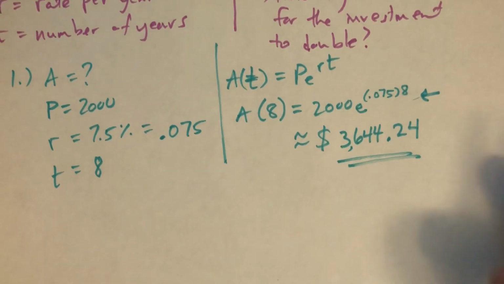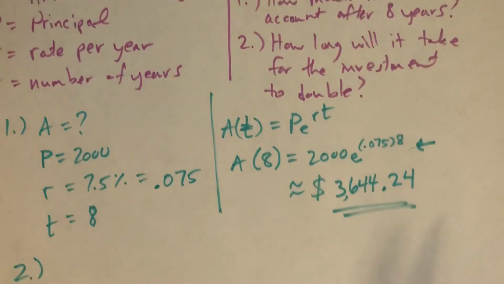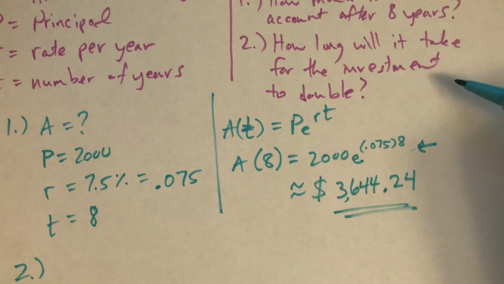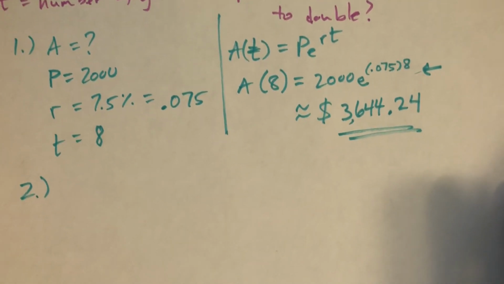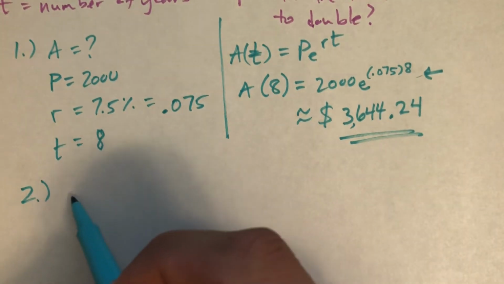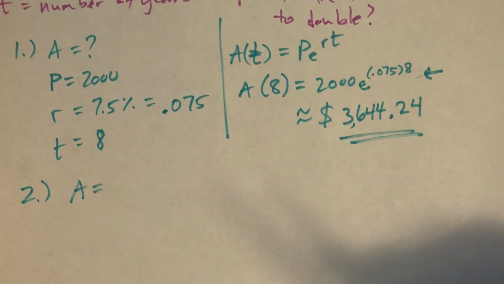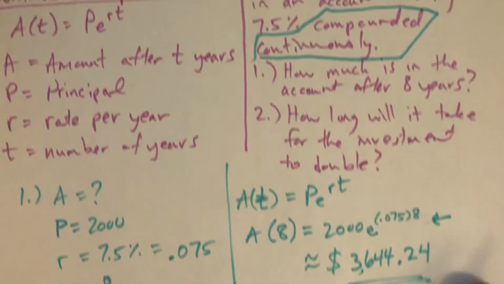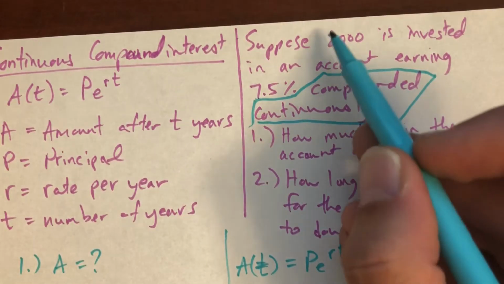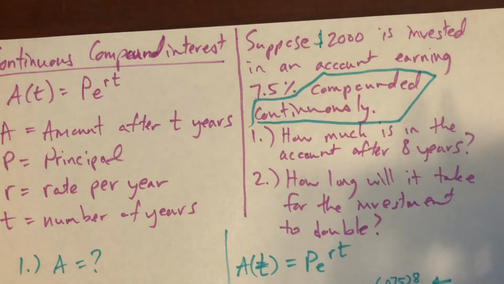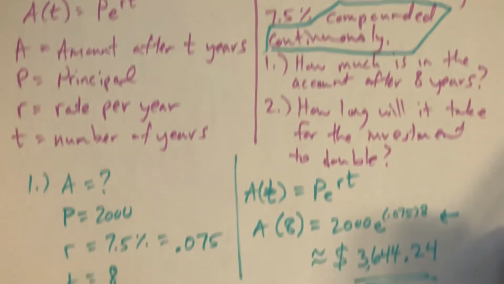Okay, so we can do the second part. How long will it take for the investment to double? Let's do this just the same way. So A, this is the amount that we want. How much would that be if we doubled what we started with? Well, we started with $2,000, so to double that, we would want twice that.